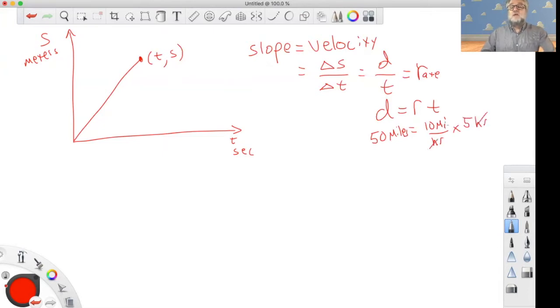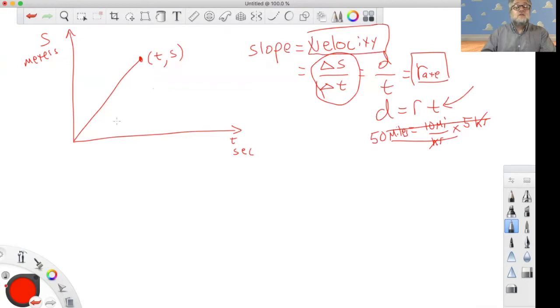The hours would cancel, we'd get miles, 10 times 5 is 50. Okay, so here's the basic equation for distance equals rate times time that we've learned many, many times. And the slope of the graph is the rate, is the velocity.